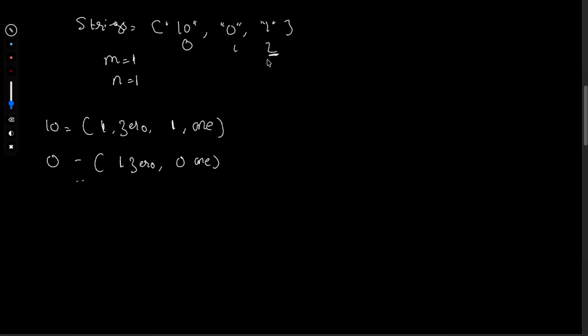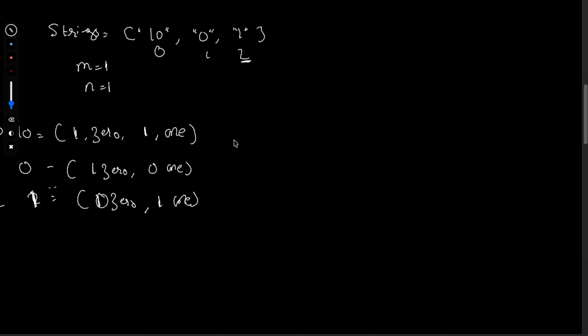In index 2, we have only a 1, so the zeros are 0 and the ones are 1. So this is index 0, 1, 2. The goal is to get the maximum number of strings. So let's try that.